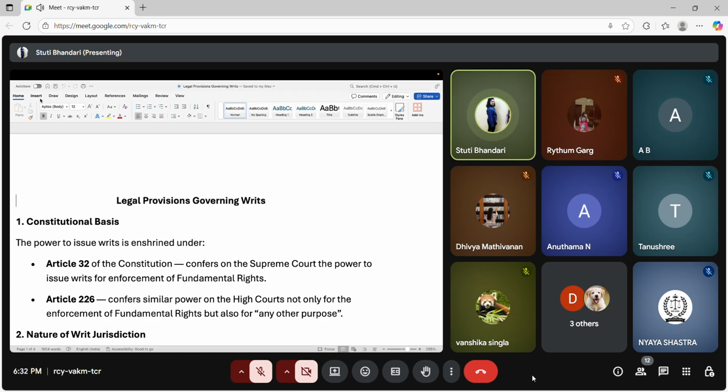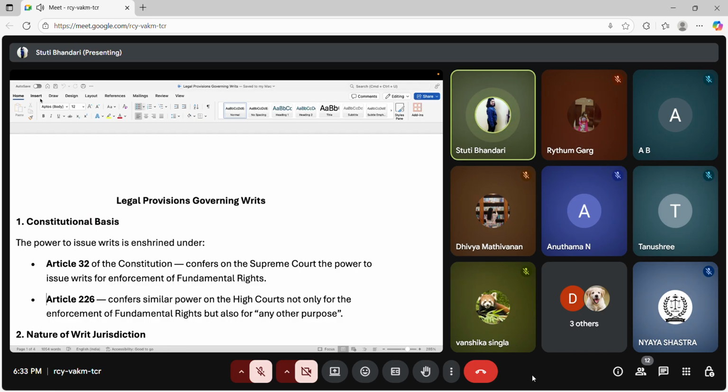But then there are other rights like right to vote, right to property, which are not fundamental rights. They are either legal rights or other constitutional rights. So for that, you can only approach the High Court under Article 226 of the Indian Constitution.